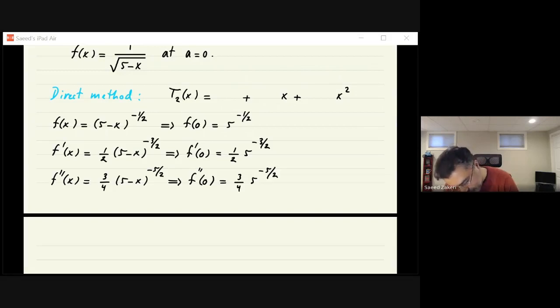So the first one is 5 to the power minus 1/2, and then the next one is this. And then the next one is 1/2 of the second derivative, so this should become 3/8.